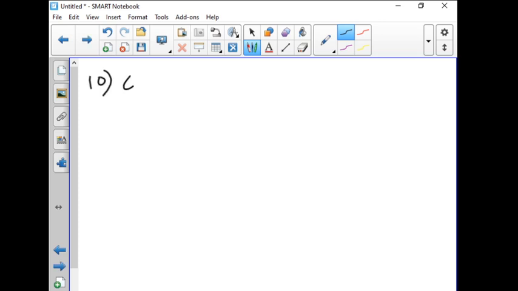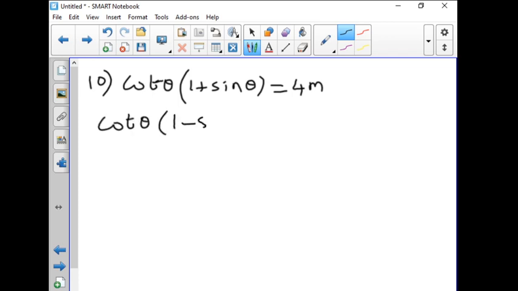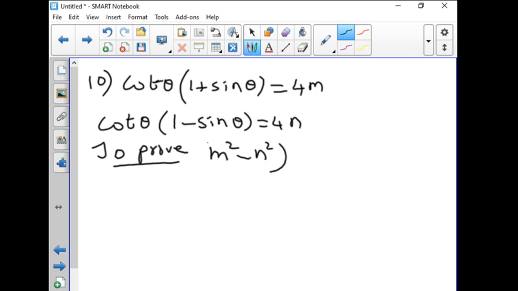If cot theta into (1 plus sin theta) is equal to 4m, and cot theta into (1 minus sin theta) is equal to 4n, then to prove: (m square minus n square) the whole square is equal to mn. Okay, we have to prove this.